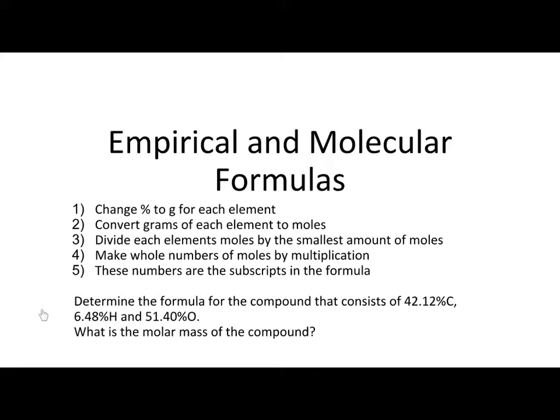Once you have your moles for each of your elements in your compound, you're going to divide by the lowest number of moles out of all of your elements. So if I have one element that has 5.1 moles and another element that has 2.3 moles, 2.3 is my lowest number of moles. I'm going to divide all of my other amounts of moles by 2.3.